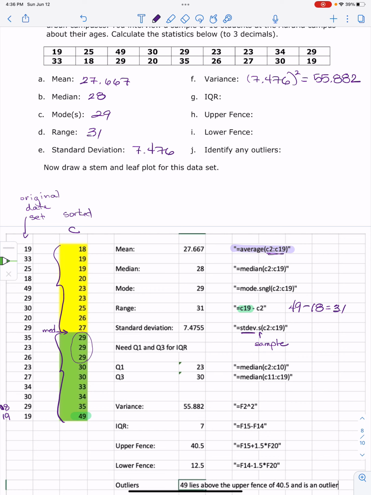The interquartile range, Q3 minus Q1. Remember, in order to find those, I have to find the median of the bottom half of the data. That gives me my Q1.